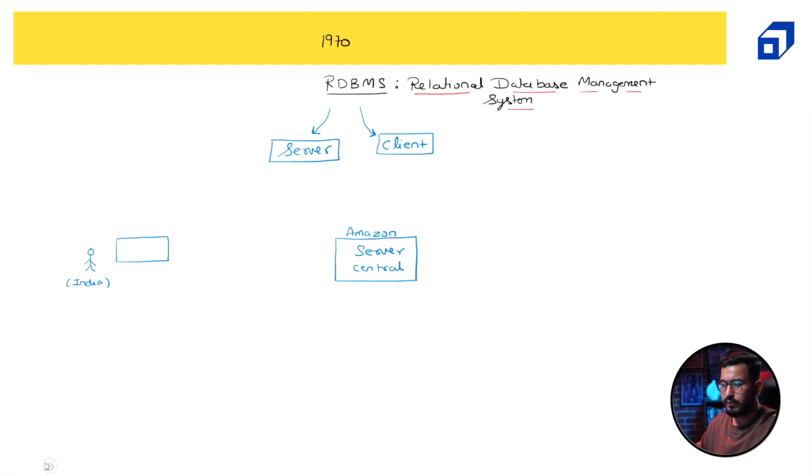So I need a software that can run on my laptop. So let's quickly create an interface of software. So this is my software. Now this software will connect to the server. This software is known as the client.